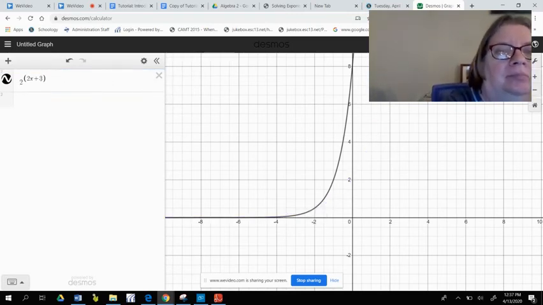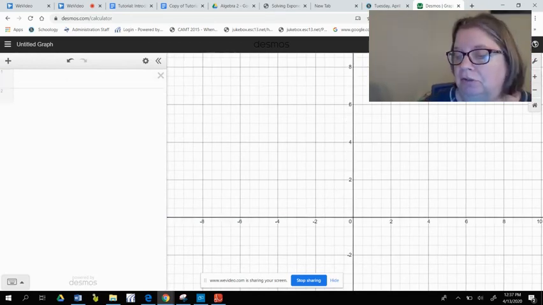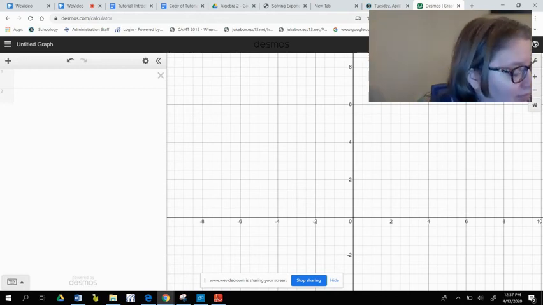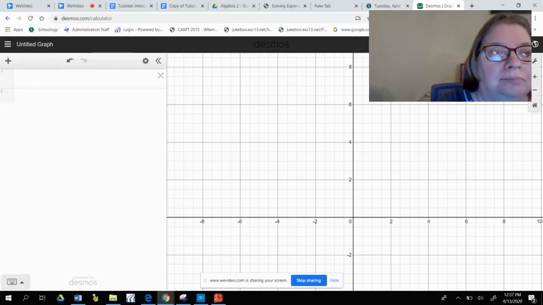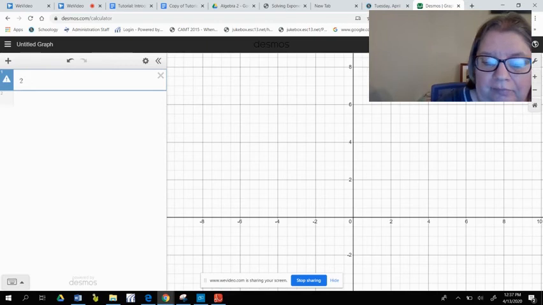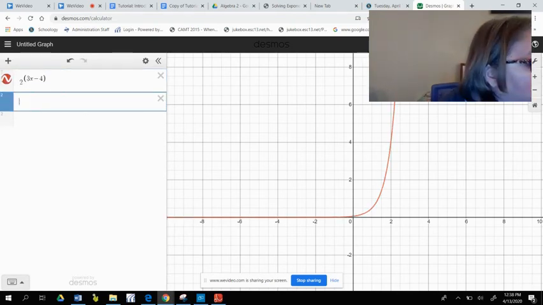Okay. Number 8. The two equations are, I'll move this over here so it doesn't look like I'm looking off to the side, 2 to the power of 3x minus 4 equals 8.